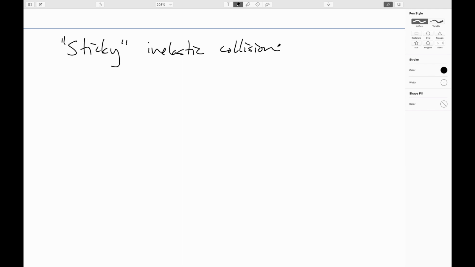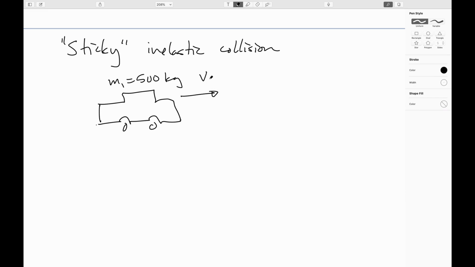So let's say you've got two cars. Got a fairly lightweight car here, say 500 kilograms. That's a pretty light car. Let's also say that it's going at an absolutely ridiculous speed of 200 meters per second.